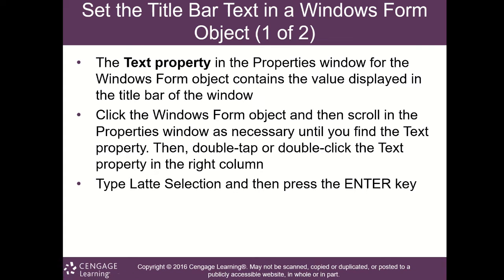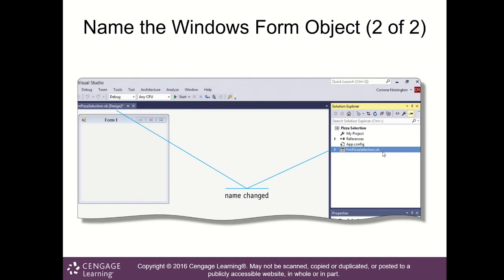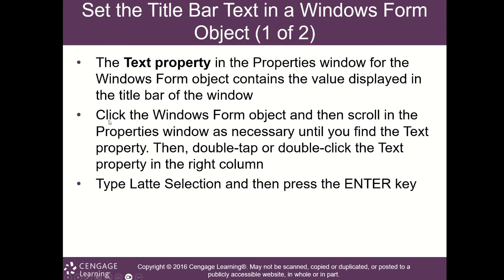Next, the title bar text in the Windows form object. What was the title bar name? Form 1, right? The text property in the properties window for the Windows form object contains the value displayed in the title bar of the window.